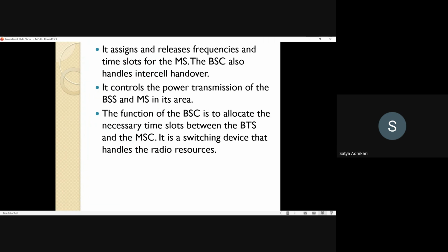The BSC also handles intercell handovers. It controls the power transmission of the BSS and MS in its area. The function of the BSC is to allocate the necessary time slots between the BTS and the MSC. It is a switching device that handles the radio resources.